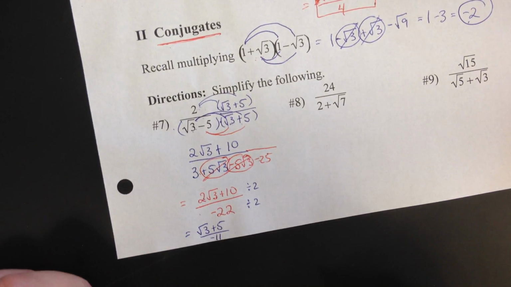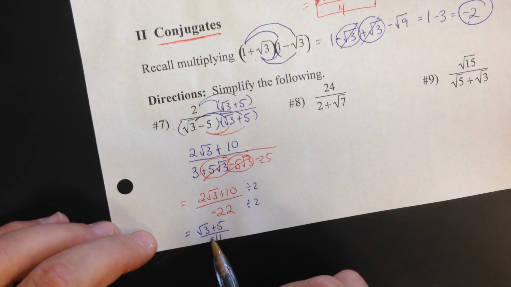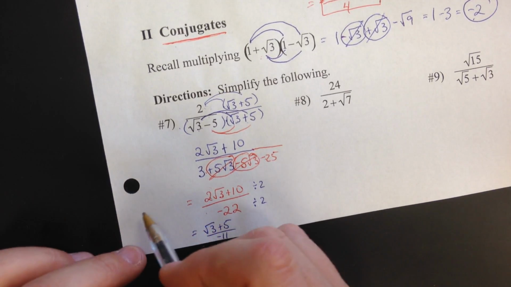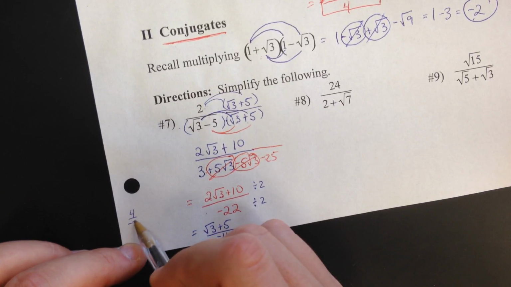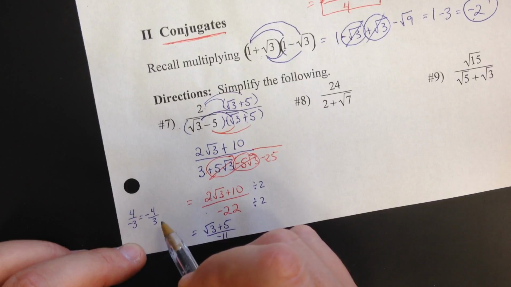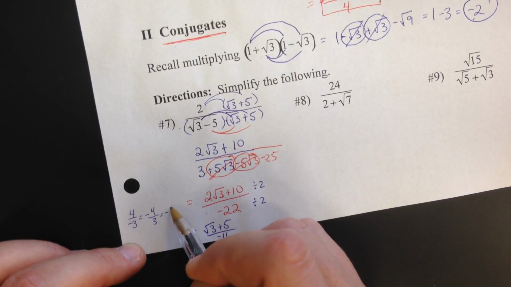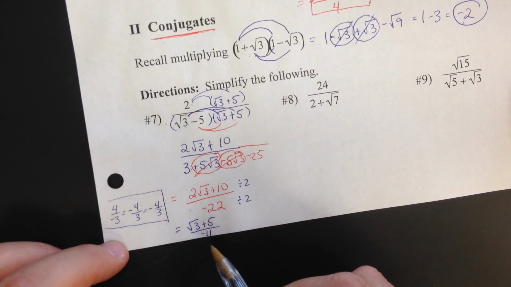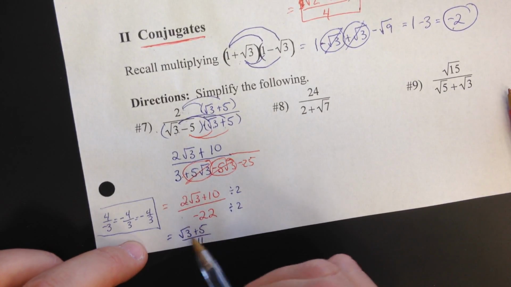And the last piece of this, typically you'll see a negative go into the numerator for a fraction. So for example, if I say 4 over negative 3, typically you'll see it as negative 4 over 3, or they'll put the negative out front of the fraction. Okay? Same thing happens here. I'm going to put the negative in the top.